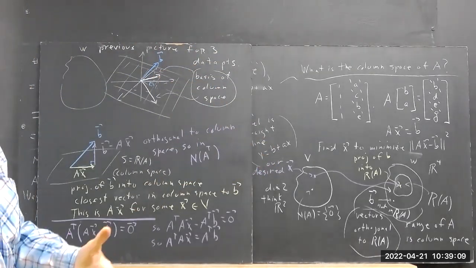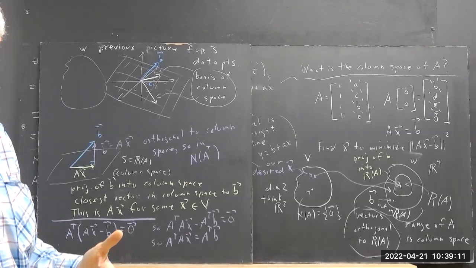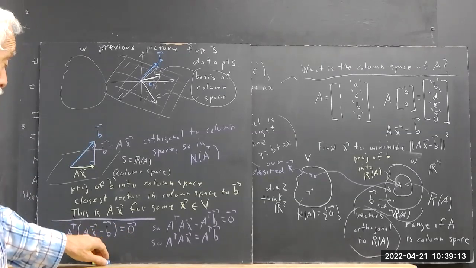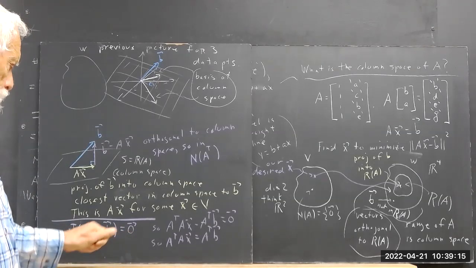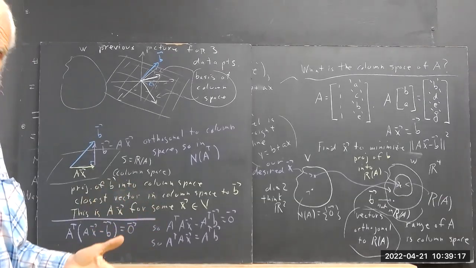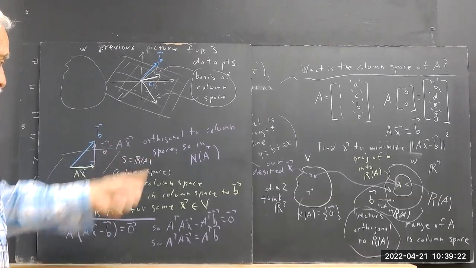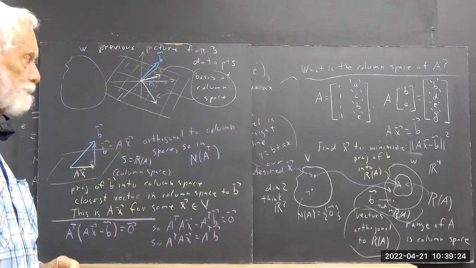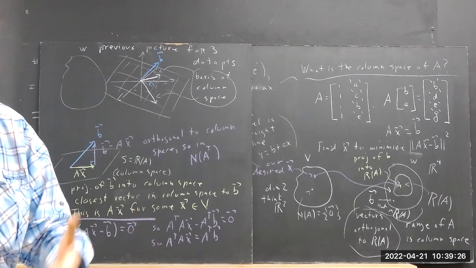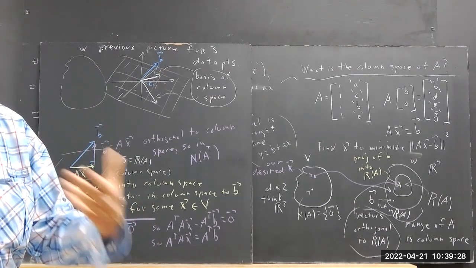It's pretty obvious if you think it through and write it out. So I'm not going to take time to do that right now because we need to move on to complex vector spaces. If you have a question on that, we'll come back to it. We pretty much addressed it last time, but not completely.